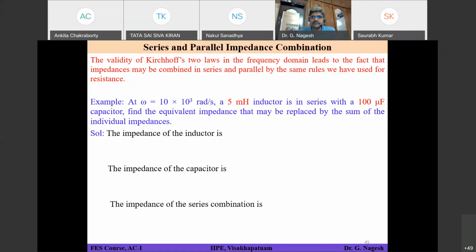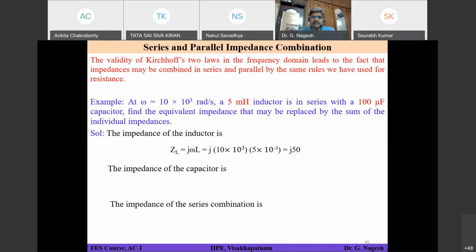XL is the notation for inductive reactance. If you say it in terms of ZL, ZL is equal to 0 plus j into XL. 0 means the resistance value, so the resistance is 0, the real part is 0. Plus j into omega L will be the inductive reactance, or the impedance for the inductor alone.